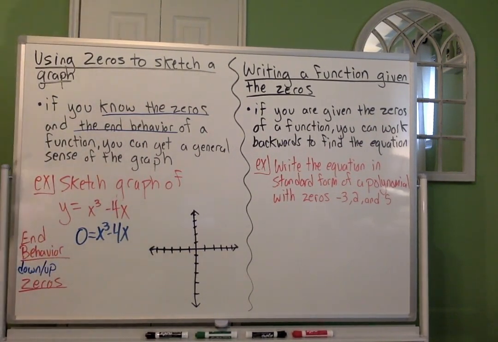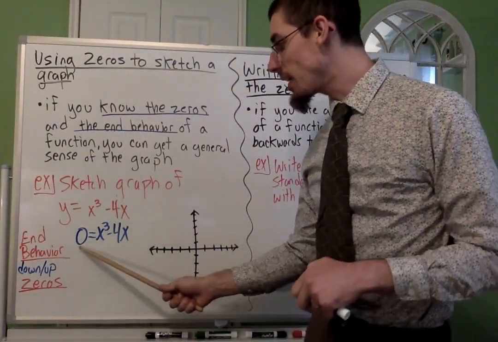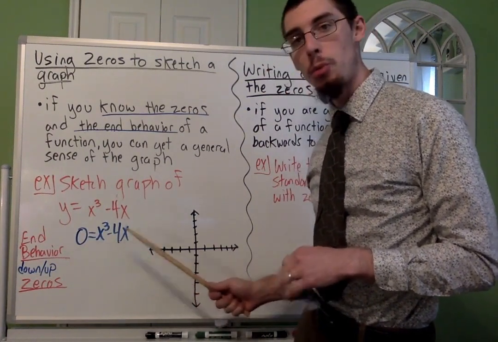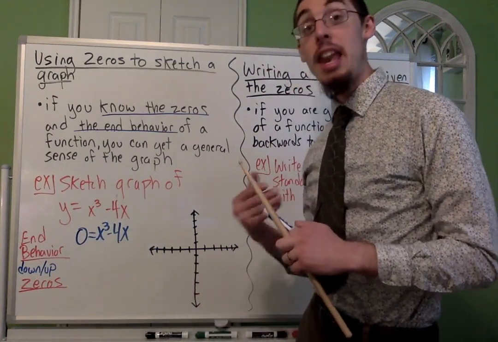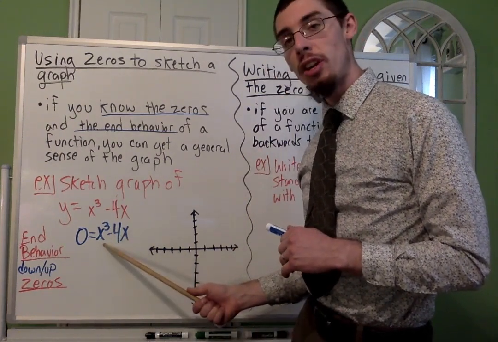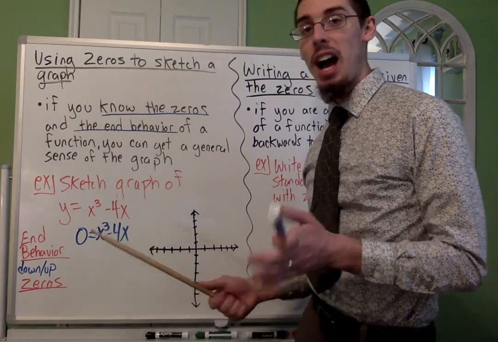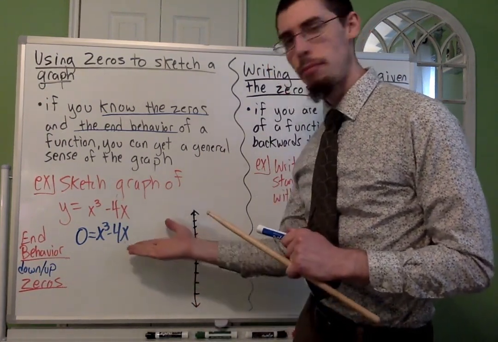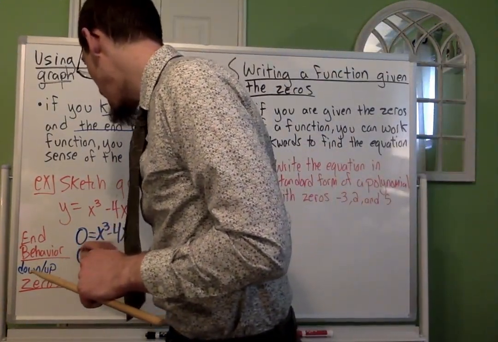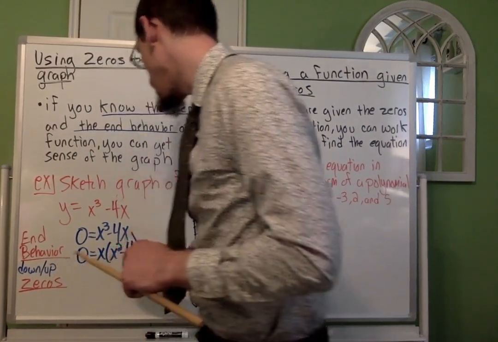That's better. So, I set y equal to 0, right? 0 equals x cubed minus 4x. Next, I need to factor. Now, since the degree is higher than 2, so it's not a quadratic, I should see if there's a GCF. They both have x, right? So I can factor out x to give myself x squared minus 4.